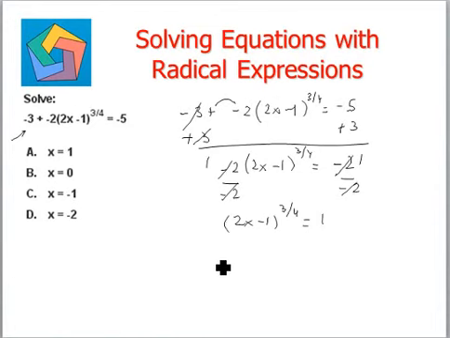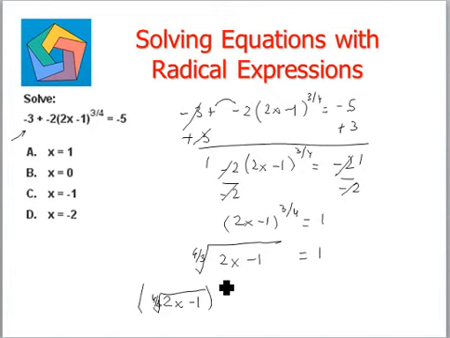Now to undo this, we raise to the power 4 by 3 on both sides. So (2x minus 1) to the power 3 by 4, raised to the power 4 by 3, equals 1 to the power of 4 by 3.